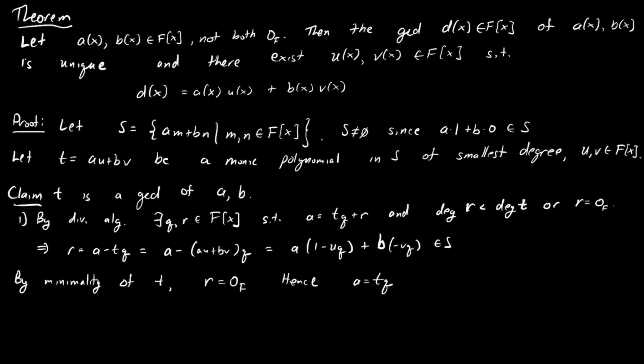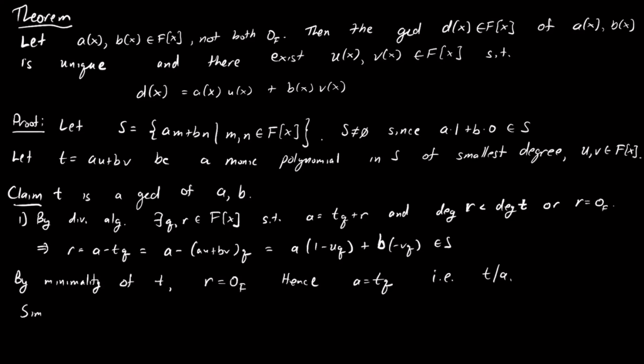The idea being that if r is non-zero, then the degree of r is less than the degree of t, and then I could just rescale r. I could multiply r by some element to turn it into a monic polynomial inside of S, which is smaller than t in degree, right? So the only possibility is that r is 0, and hence a is equal to tq. In other words, t divides a, right?